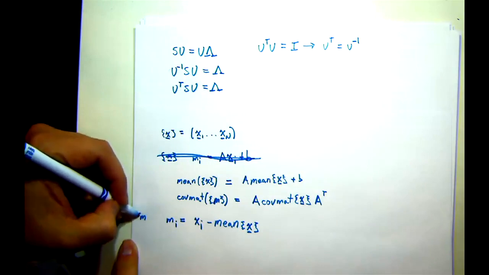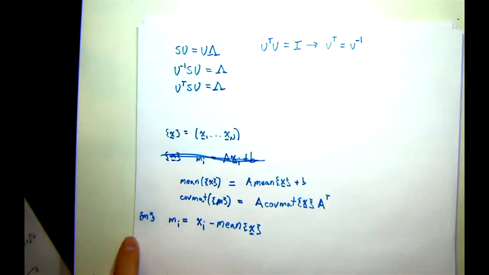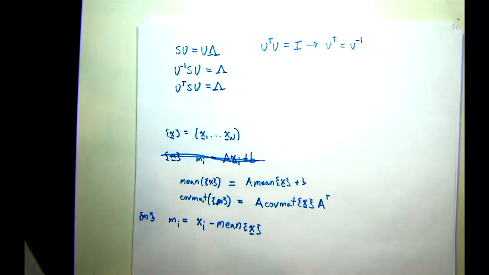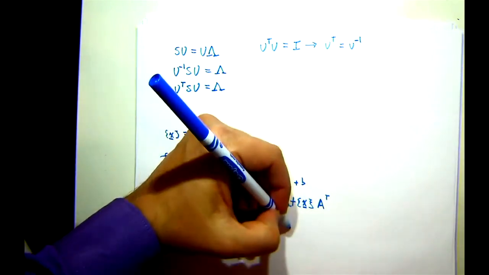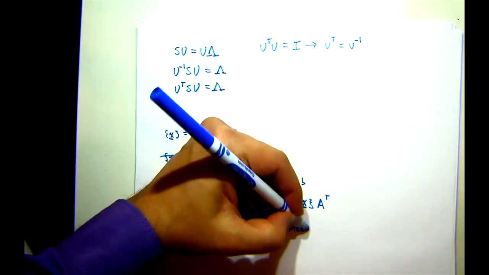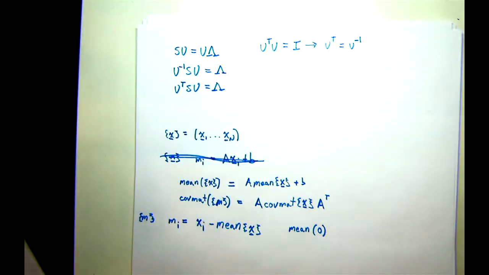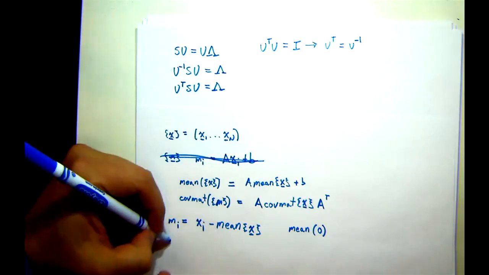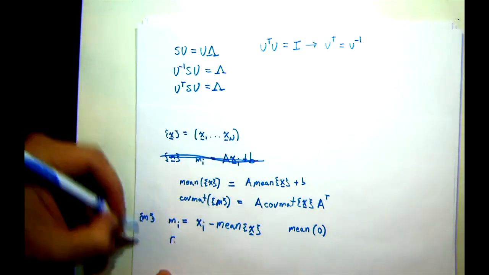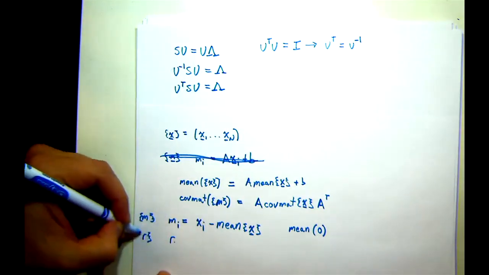So this is the M data set. That's going to be our first step in our transformation, and that is going to have a mean of 0. Then the next thing we're going to do is apply the rotation. So we're going to come up with our R data set.